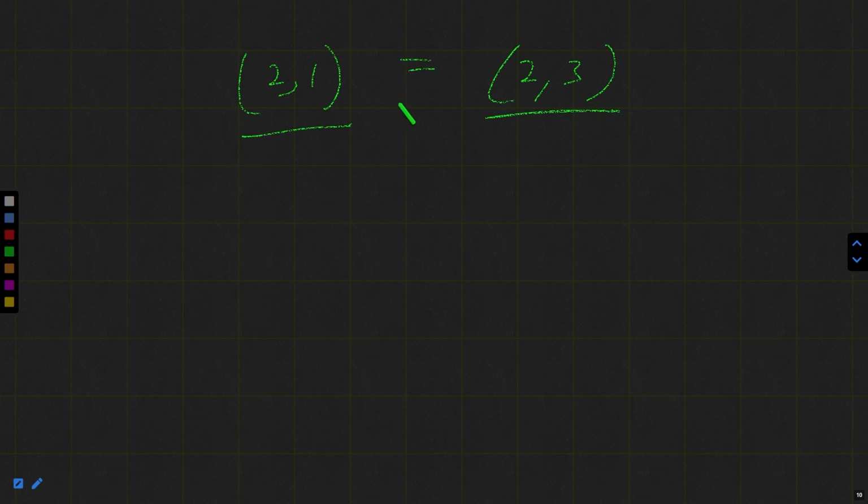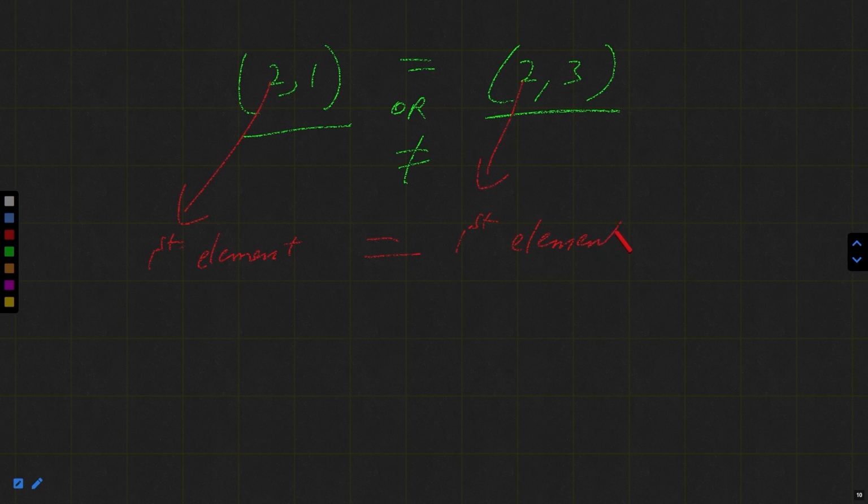What if you see the first element? The first element is equal to the first element over here.